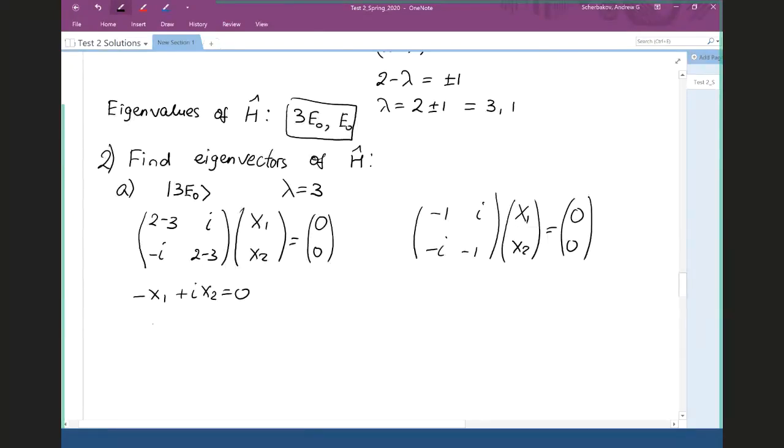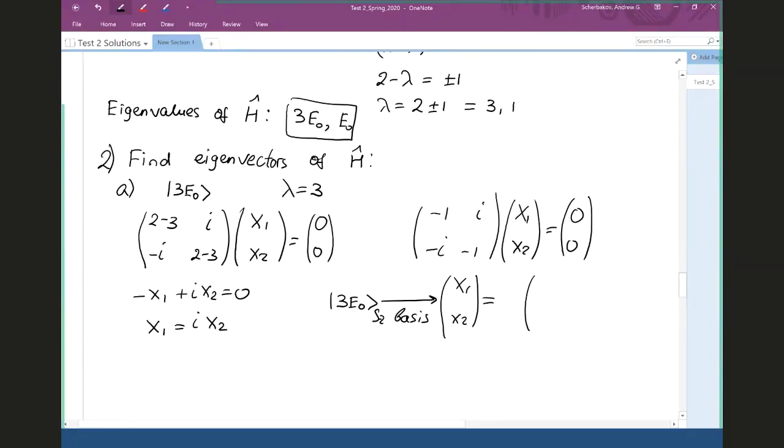Or that means that x1 essentially equals i x2. So my vector 3 E naught ket in SZ basis, which is just this vector x1, x2 I'm looking for, right? Well, I can take x2, let's make it easy.